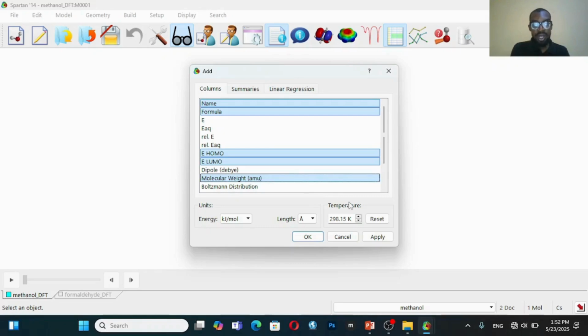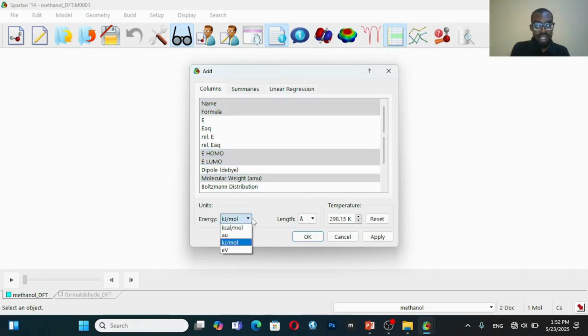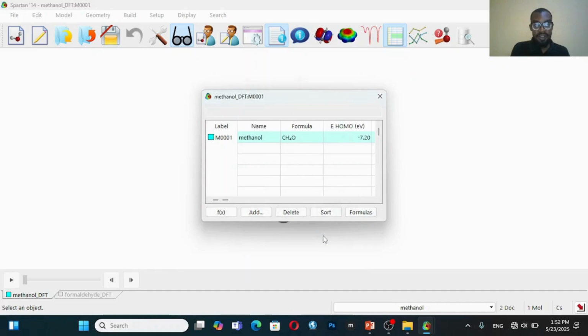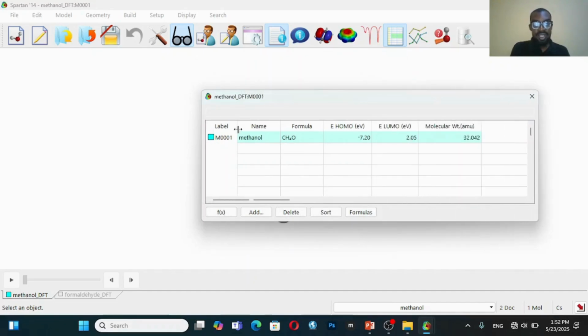And molecular weight. Now, the energy, we want it to be in electron volts, and then we apply. Good. So you can see that it tells us that the name of the compound is methanol. It gives us the formula, tells us the energy of the highest occupied molecular orbital, and the energy of the lowest unoccupied molecular orbital.